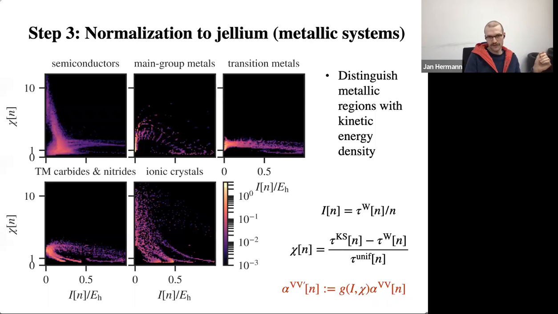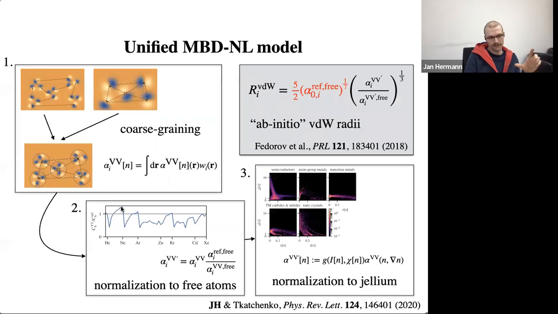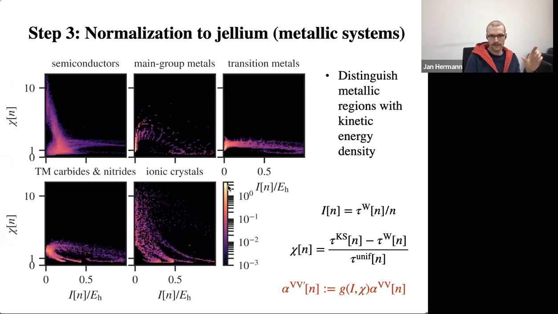And so what we do is that we construct two local descriptors of the electron density. And we construct an empirical formula for how to distinguish the regions of the density that are metallic. They're similar to the uniform electron gas. And we don't include that when we evaluate the polarizability, right?